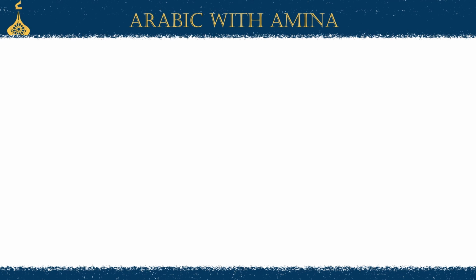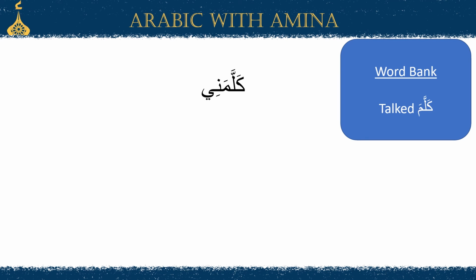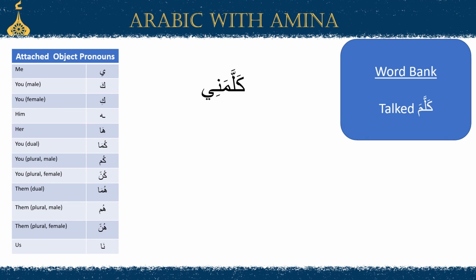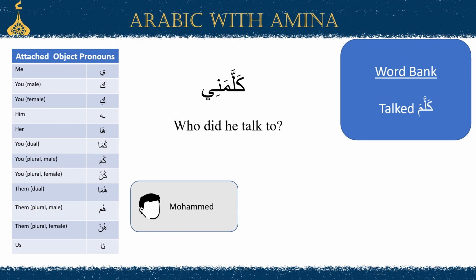Moving on to our second question. كلمني. Word bank. كلم means talked. This is our table for the object pronouns. And the question here is, who did he talk to? Did he talk to Muhammad? Or did he talk to Fatima? Or did he talk to me?